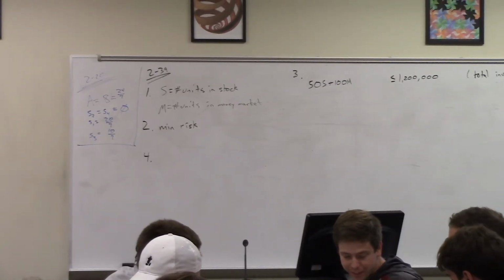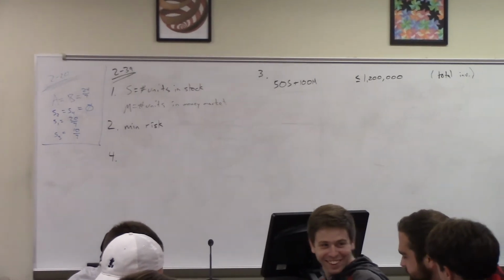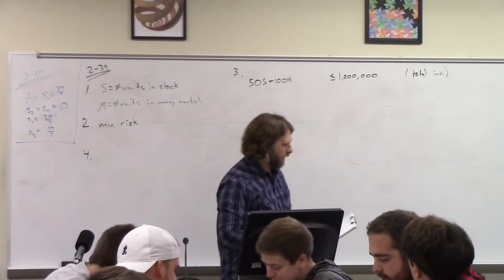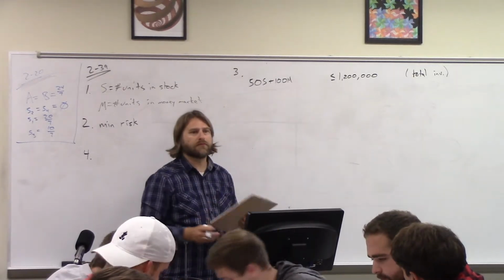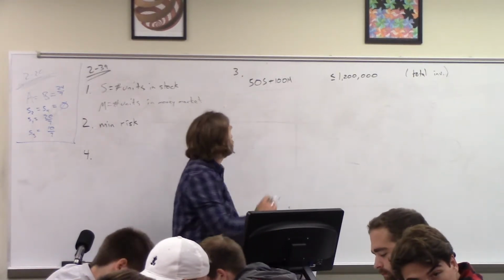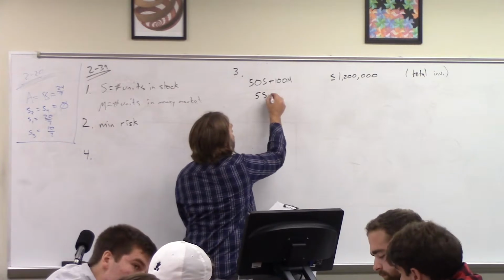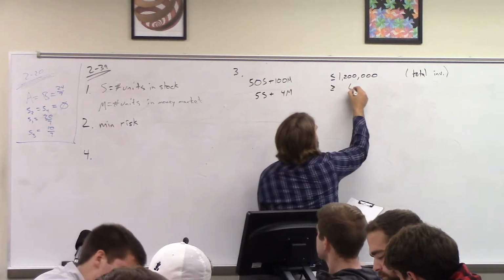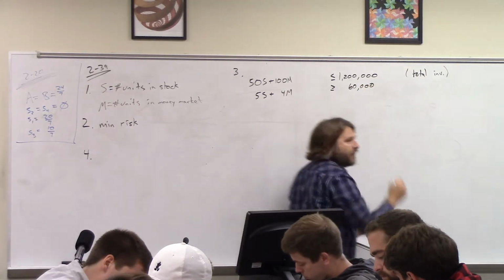Okay, keep coming around. What's the next constraint that you see in this problem? Yeah, we had 5S plus 4M greater than or equal to 60,000. And what does that represent?